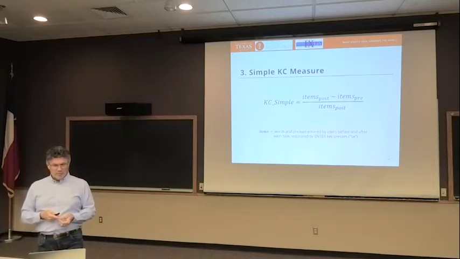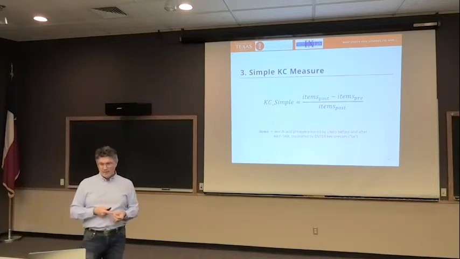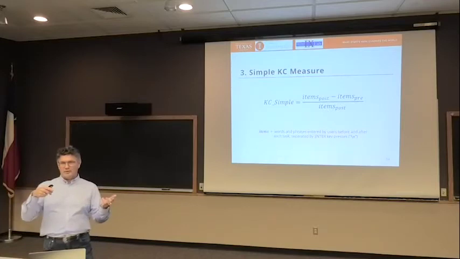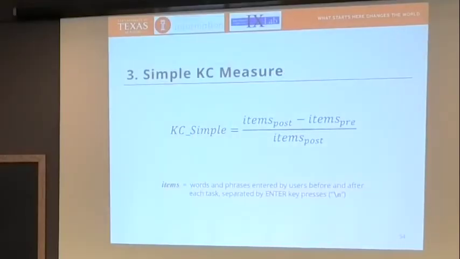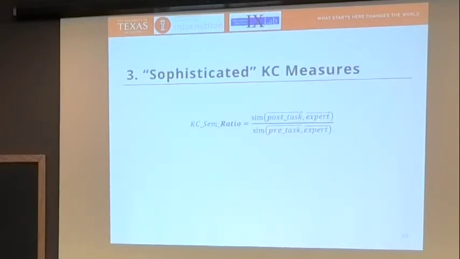So one simple measure of knowledge change was the number of keywords they entered after compared with what they entered previously, and it was a relative measure. So it was essentially the ratio of change of keywords that they entered. More sophisticated knowledge change measures involved measuring semantic similarity between the keywords entered by our participants and the expert knowledge.